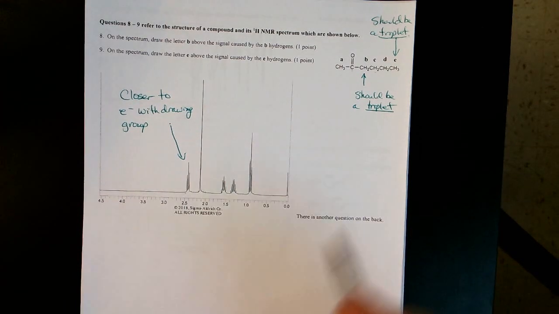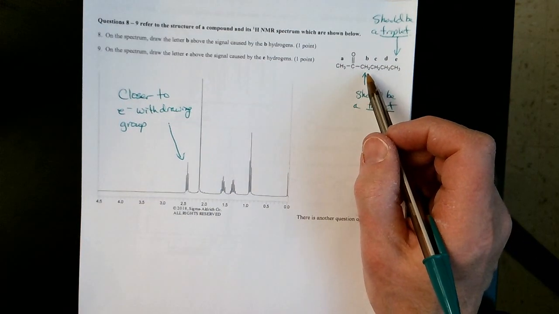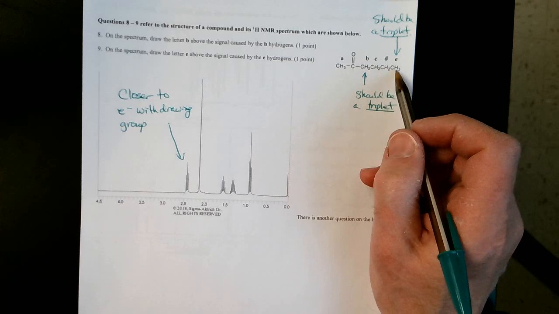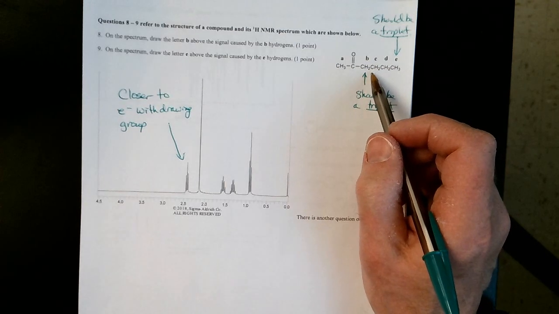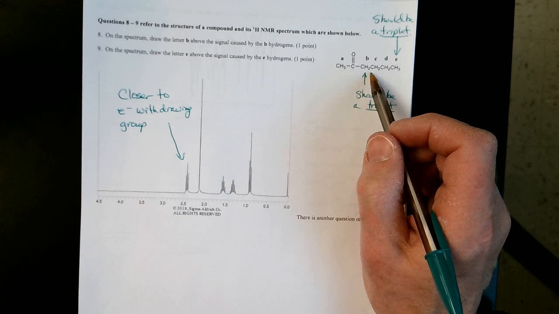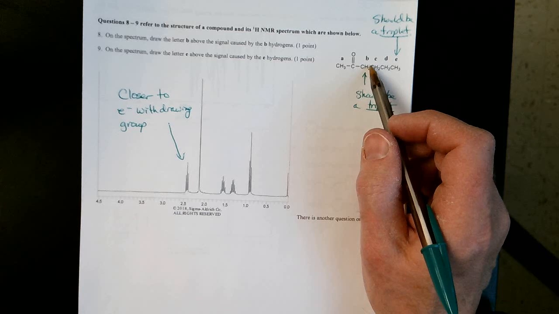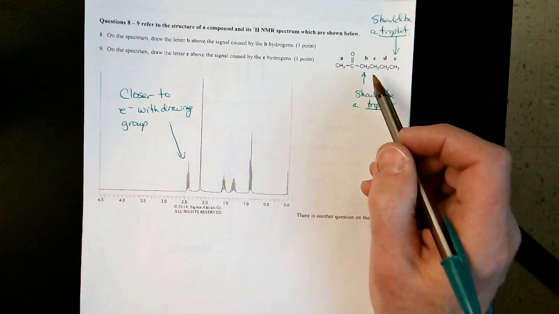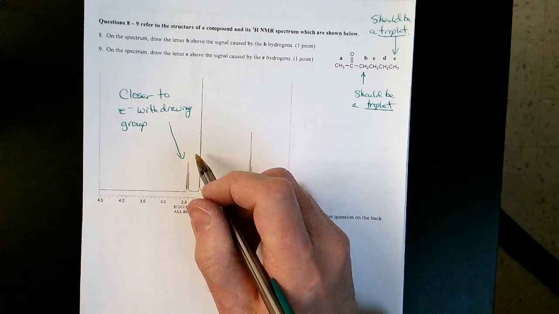All right, so look at your structure then, and you're going, which one, B or E, should be closer to an electron withdrawing group? And which would you say? The farthest downfield one, would you say that's B or is it E?